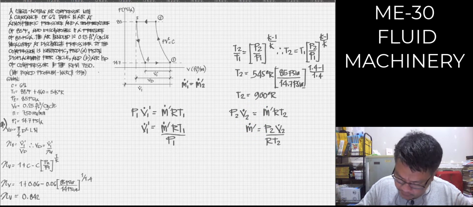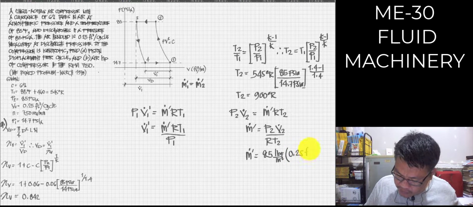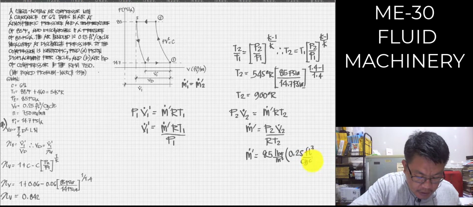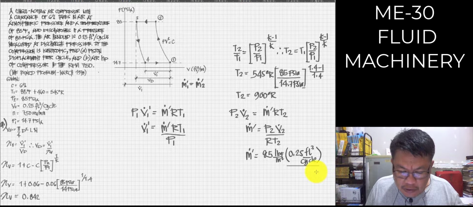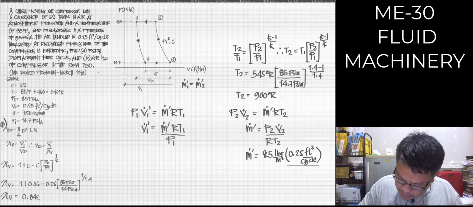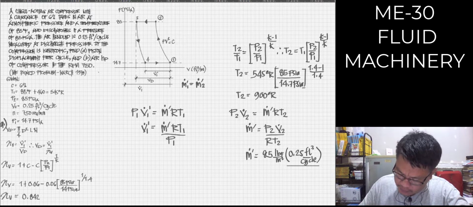So the mass flow rate prime will be equal to P2, which is 85 psi, so let's express this as pound force per square inch, multiplied by the volume flow rate V2, which is 0.25 cubic feet per cycle, all divided by your R for air, which is 53.34.